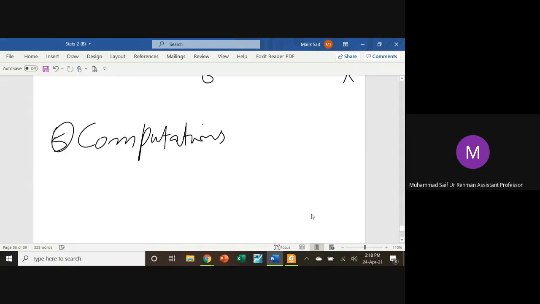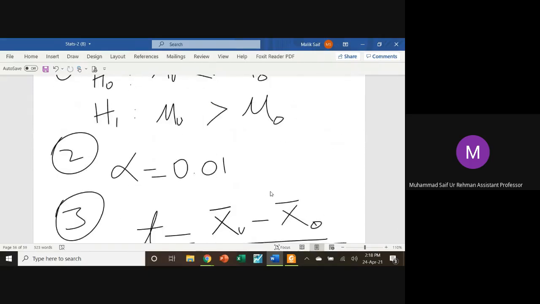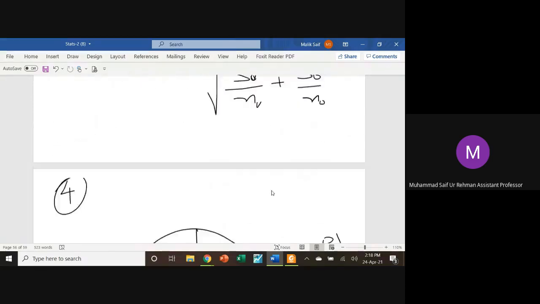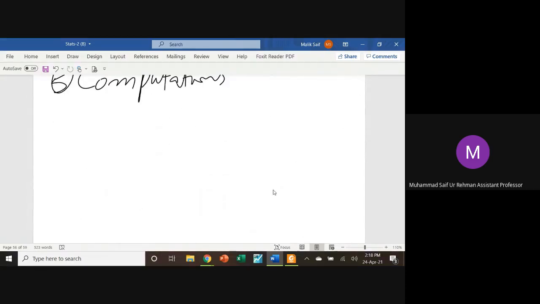In computations, first of all, degree of freedom is required. So the formula for degree of freedom is, I'm going to write down the general formula first, S1 square, so in this particular case, it is SU. You may take it as SU, but I'm going to write it down as S1 so that it remains easy for you to remember the formula.